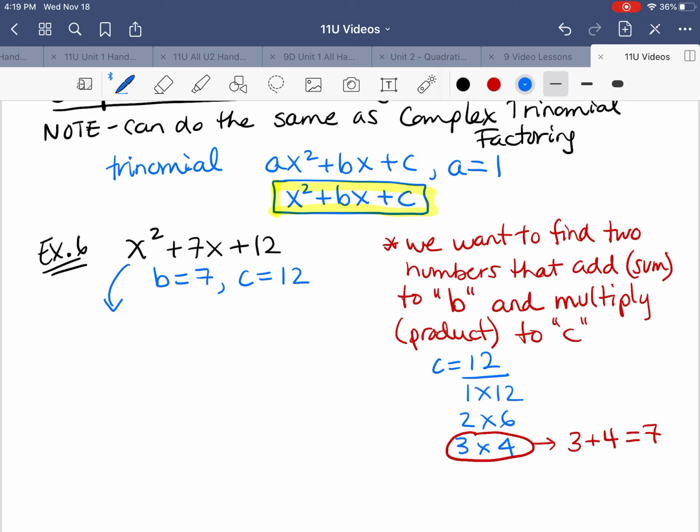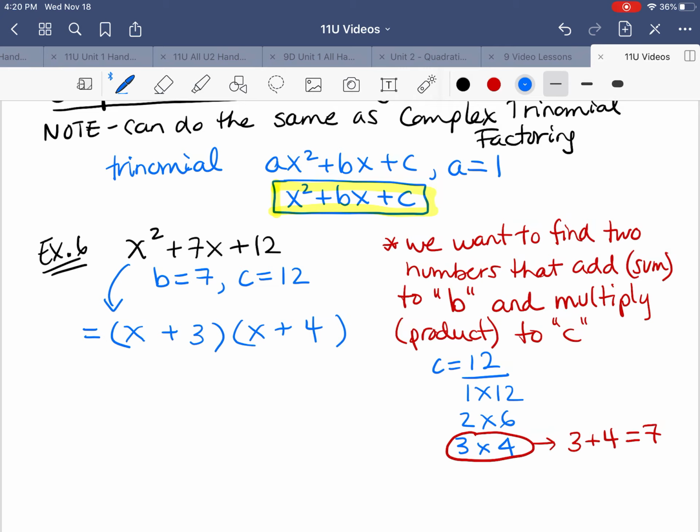So once I've identified b and c, and I've used those to find my two numbers, I am going to write down two sets of brackets multiplied together. And I'm going to put x, or whatever variable I'm working with, at the front of the bracket. And at the back of the bracket, I'm going to put my two numbers. Now both my numbers are positive.